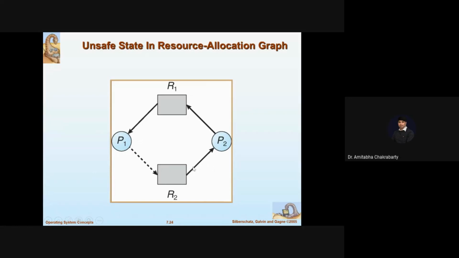Right now, there is no deadlock, but if P1 requests resource R2 and P2 still holds on to resource R2, that means there will be a deadlock. So this is called an unsafe state. Right now there is no deadlock, but it is unsafe, because when P1 requests resource R2, the system will enter into a deadlock state.